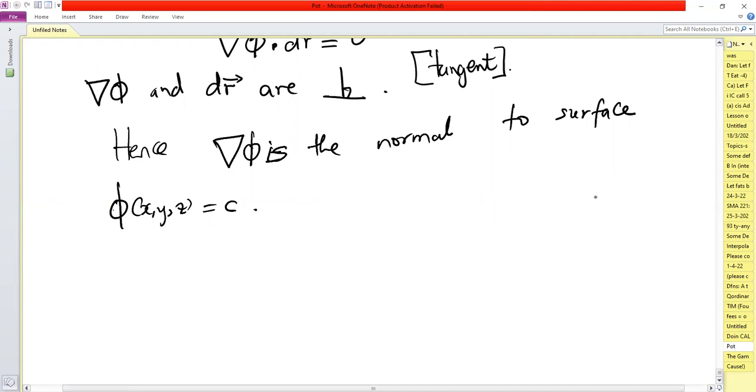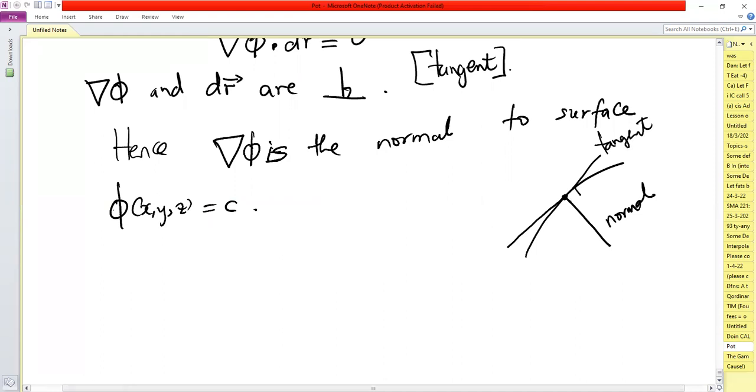So I hope you can remember from basic calculus that if this is a curve and then we have a tangent through this curve, and then this is what we call the normal. So this is the tangent.